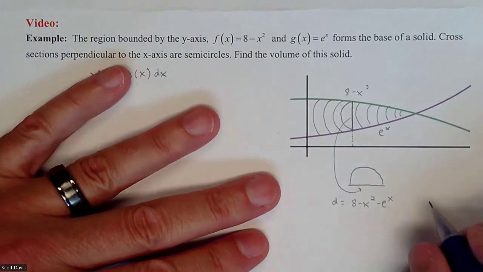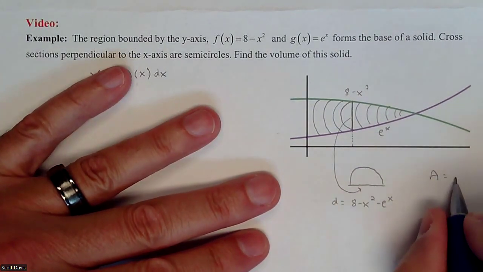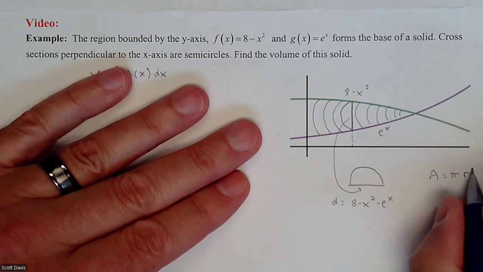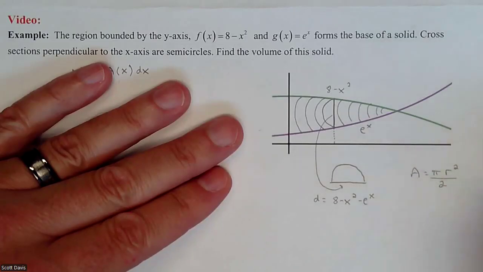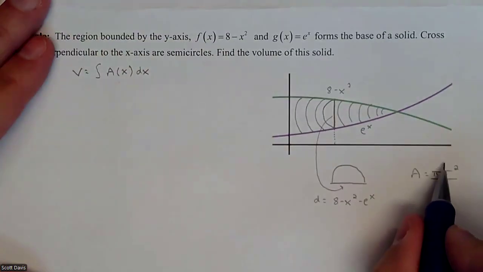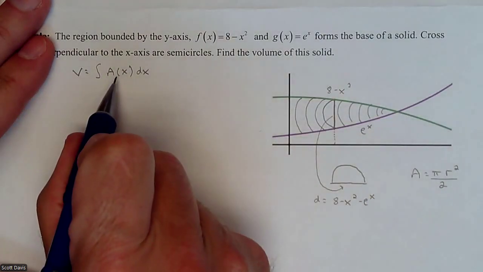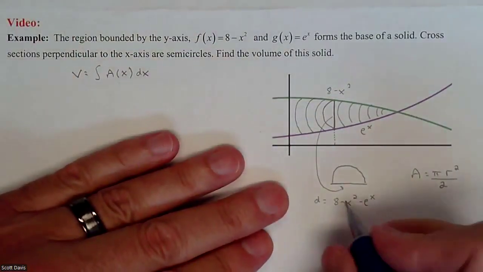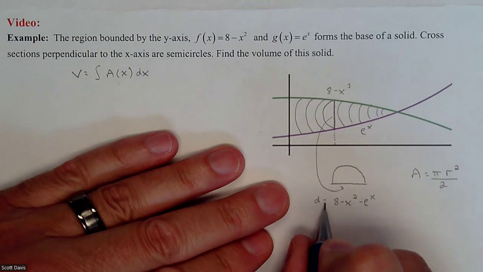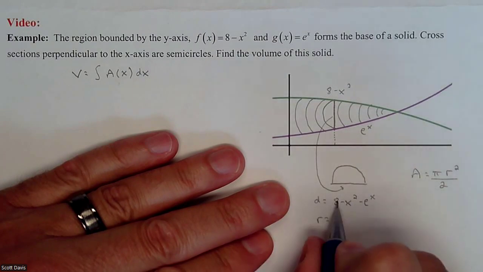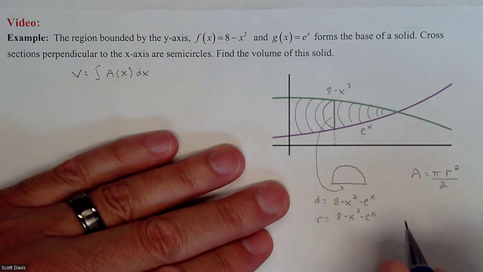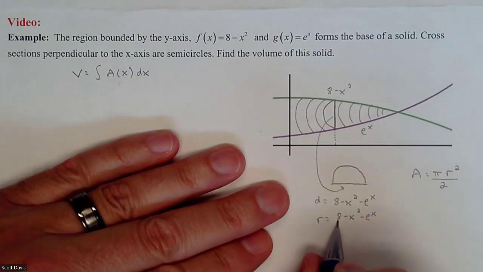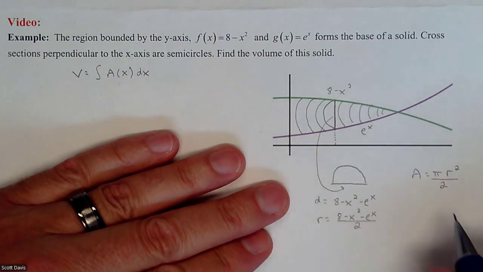We need the diameter because, how do we find an area of these semicircles? It's going to be pi r squared, but that's the area of a whole circle. We're cutting it in half. So that's going to become an equation that we're going to be subbing into this. If we have diameter, we need the radius. The radius is going to be half of this, 8 minus x squared minus e to the x, and we're going to divide that by 2 to get our radius.